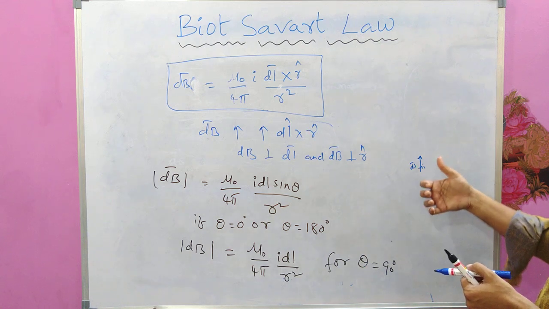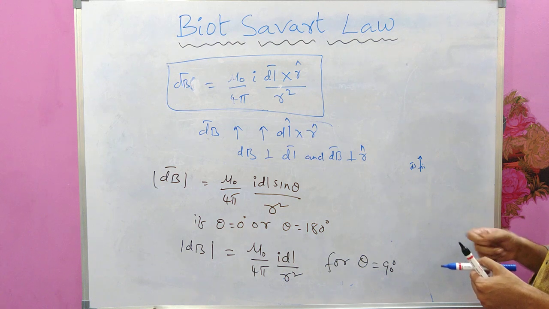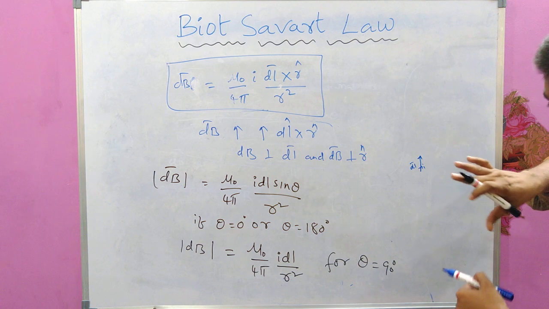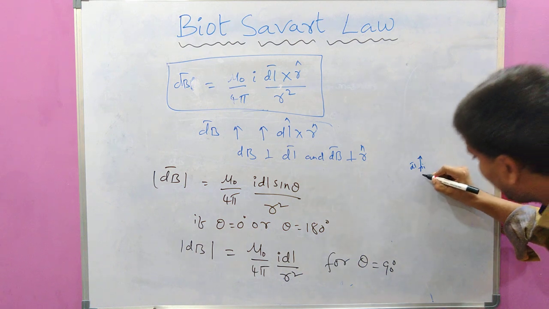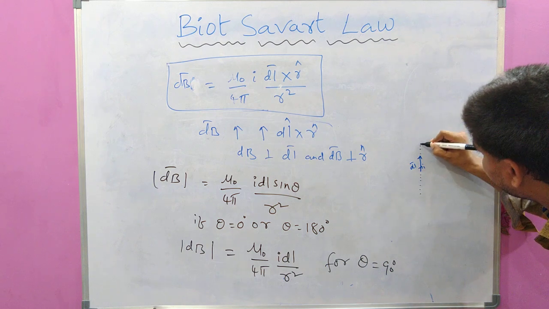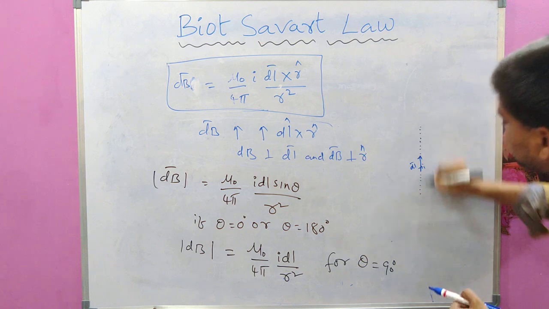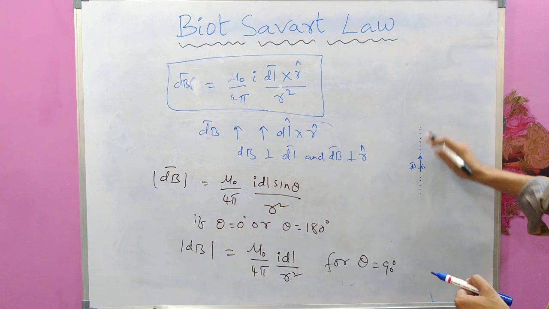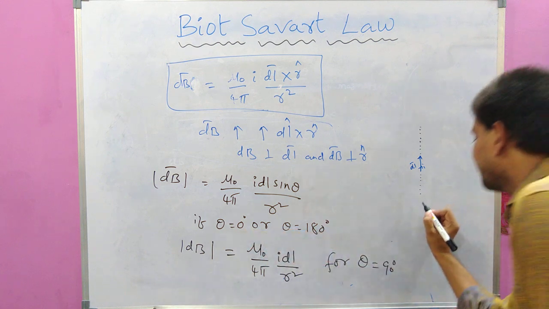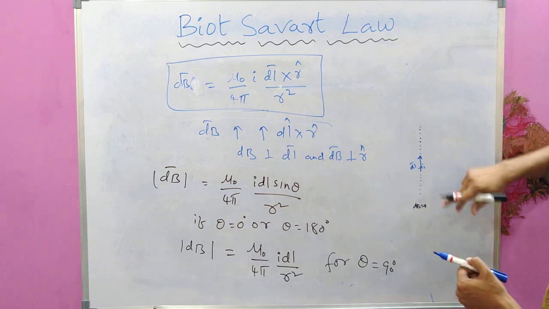And if I want to predict the direction of the magnetic field produced by this, as we know, the magnitude is vanished everywhere at these points because this point is on the line of this length element which is parallel to this length element, theta equal to 0 or 180 degrees case, and dB would be 0 on this line everywhere on these points.